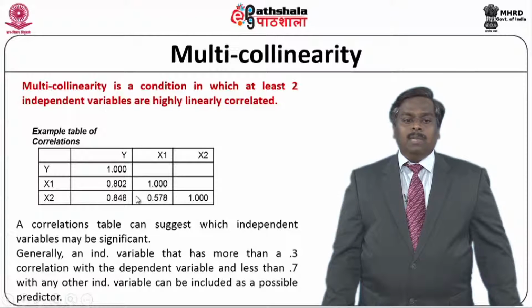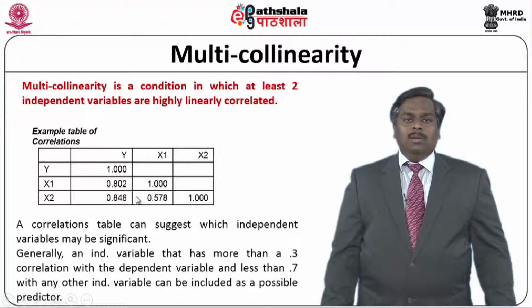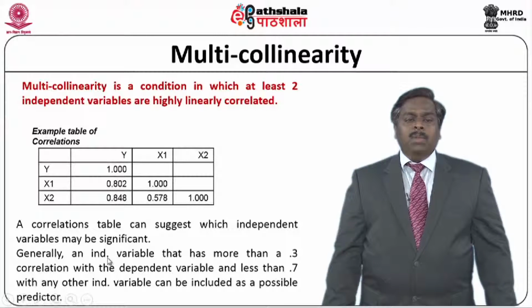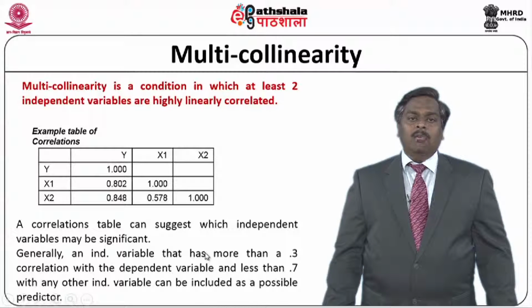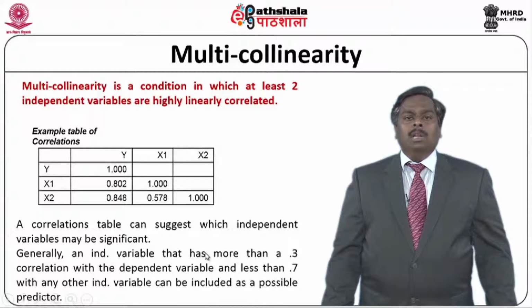What we can do is go by a rule stated by many data mining experts: any independent variable which has a correlation of more than 0.3 but less than 0.7 will be included for the purpose of prediction. So, when we have more than 2 highly correlated variables, we will have to choose the one that will help us in effective prediction.